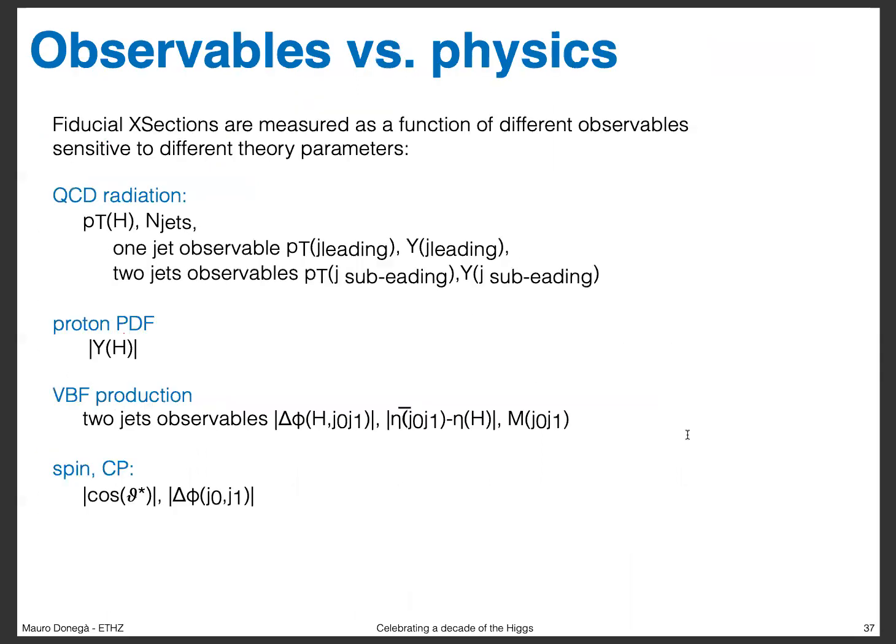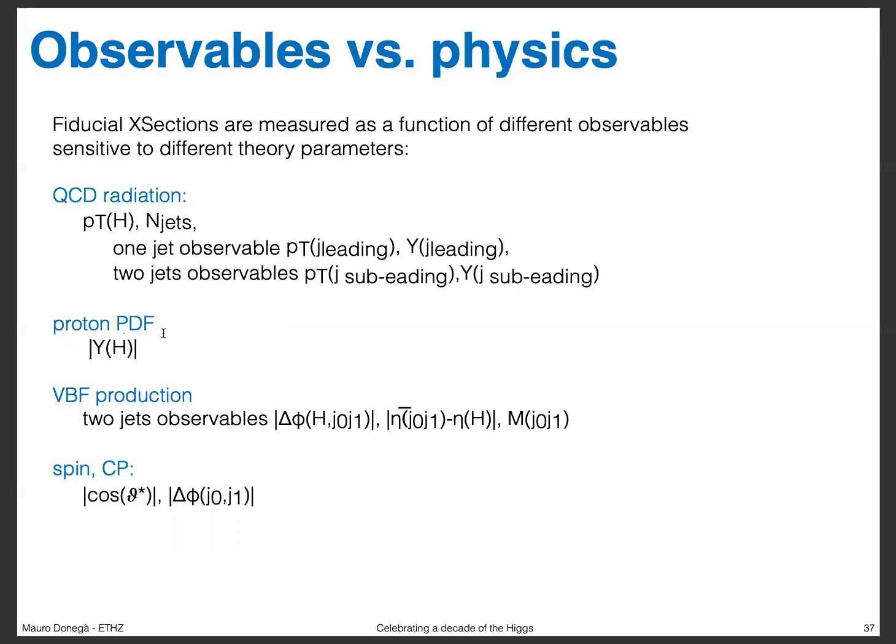How to link observables to physics? We want to measure the cross-section as a function of different observables, and depending on the observables we measure, we can attack different physics points. If you study pT and jets and so on, you are sensitive to QCD radiation.